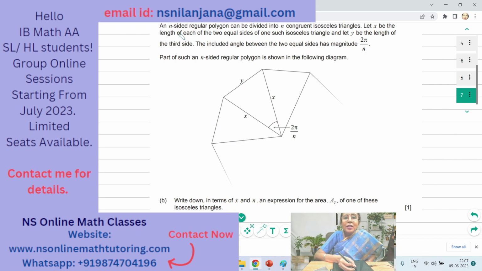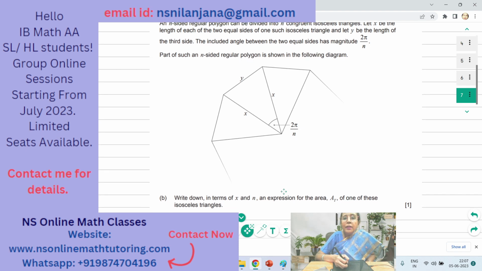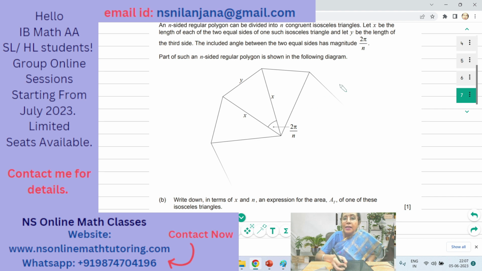Before coming to the question of subpart B, we have something given. An inscribed regular polygon can be divided into congruent isosceles triangles. Let x be the length of each of the two equal sides of one such isosceles triangle, and let y be the length of the third side. See, they have given the isosceles triangle. This is the inscribed regular polygon.